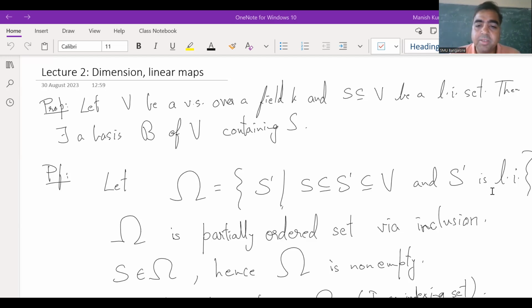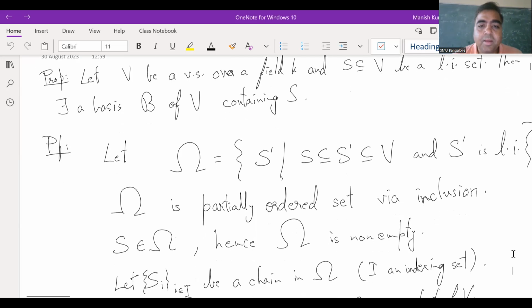So this partially ordered set, omega, is non-empty, and the partial ordering is via inclusion.